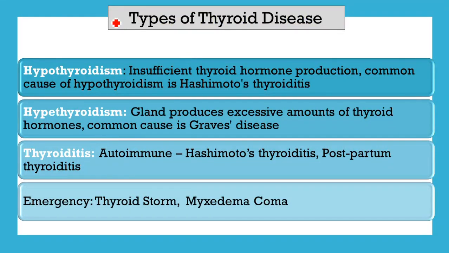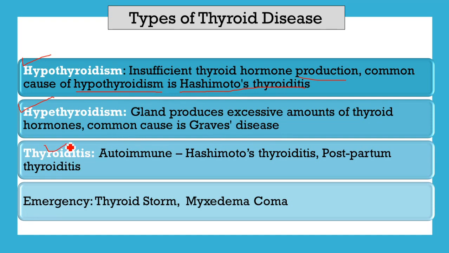Now we will discuss the types of thyroid disease. The first important thyroid disorder is hypothyroidism, where there is insufficient thyroid hormone production, and a common cause is Hashimoto thyroiditis. In hyperthyroidism, the gland produces an excessive amount of thyroid hormone, and a common cause is Graves' disease.